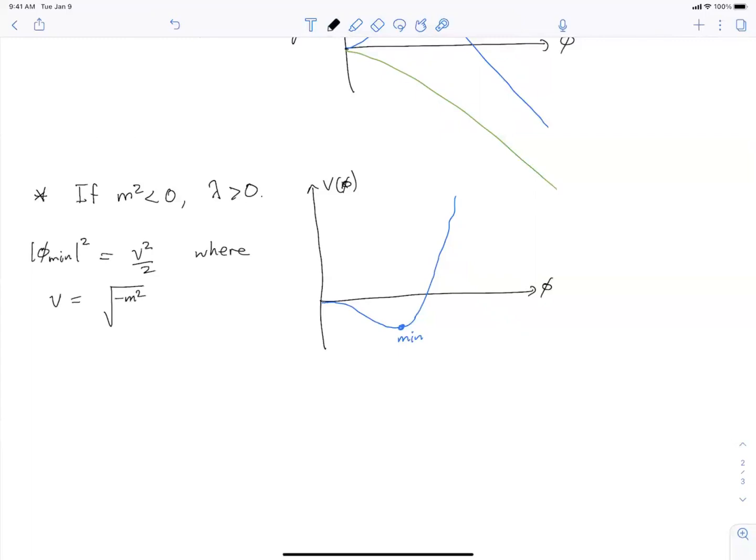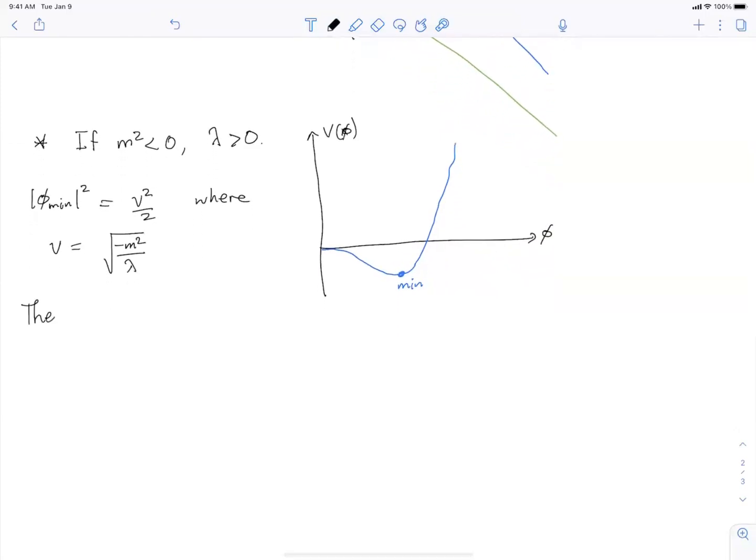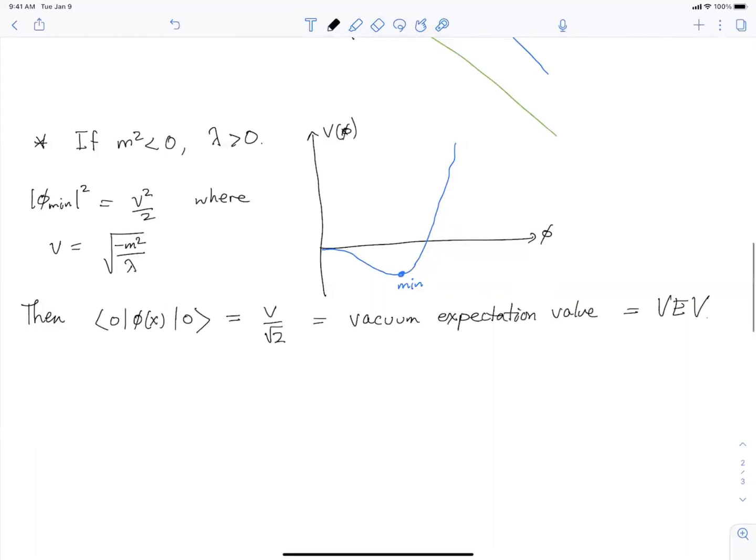Remember, that's a positive number, divided by lambda, which is another positive number. Okay, and then the quantum mechanical version of this is that the expectation value of the field in the ground state is v over square root of 2, basically the minimum value of phi. This is called a vacuum expectation value for the field, or usually we just write VEV, vacuum expectation value.